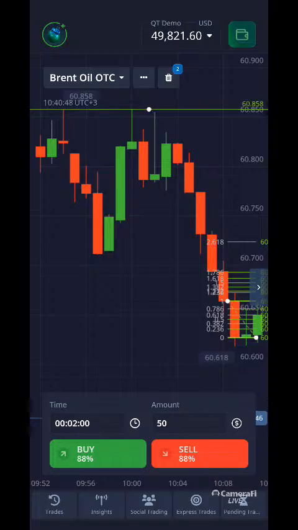What does that say? That says that they are luring, inviting sellers to enter the market. Inviting sellers.